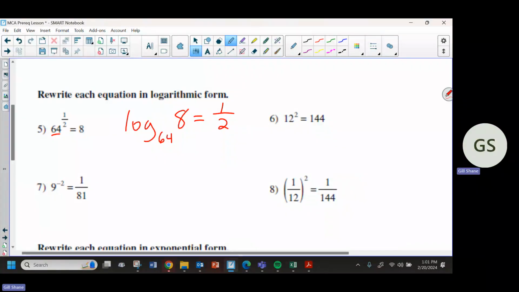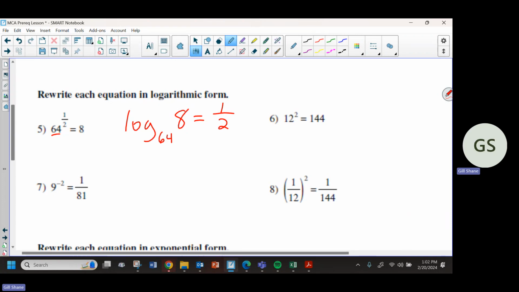So we would say log base 9 of 1/81 equals.